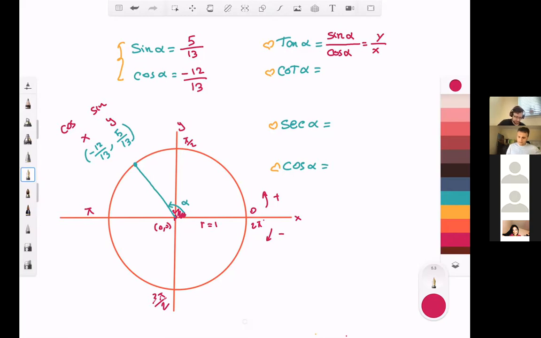So in this case, it will be negative 5/12. How did I get 5/12? If you divide this by that, the 13 will cancel, and then you get 5/12. What is cotangent? Cotangent is x over y, which happens to be negative 12/5.